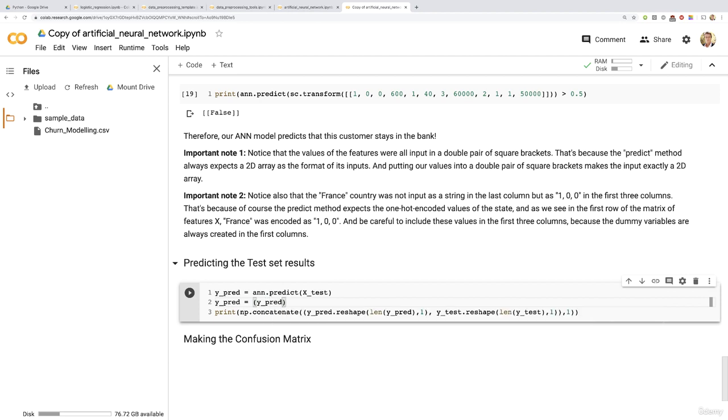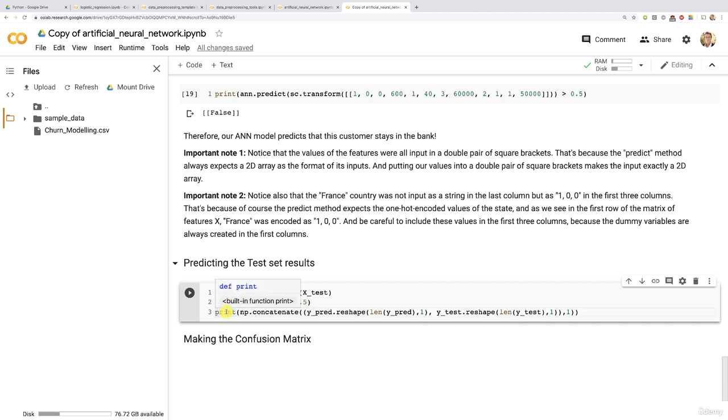So that if y_pred is between 0 and 0.5, then this new y_pred will become 0 because this won't be true. And if y_pred is larger than 0.5, then this will be true, and therefore y_pred will be equal to 1. All right? And we'll get therefore the final predicted binary outcomes 0 or 1. And then the rest is the same.